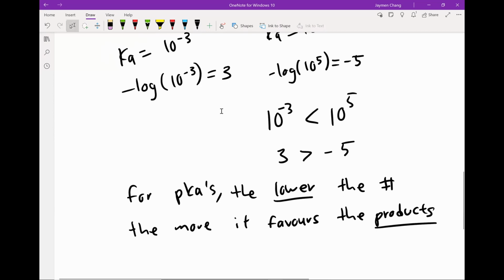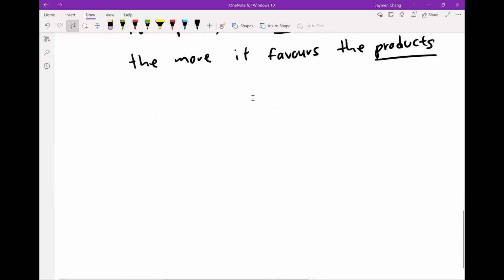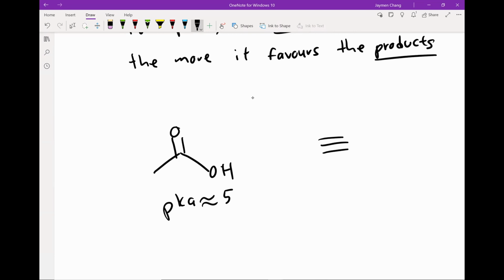Just looking at an example, let's say we had this, and let's say its pKa was about 5, and then we compare it with this, and let's say its pKa is about 26. Which one would be more acidic? If this is the left one and this is the right one, which one would you guys say is more acidic?